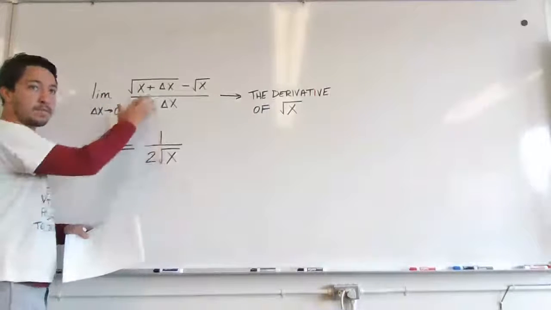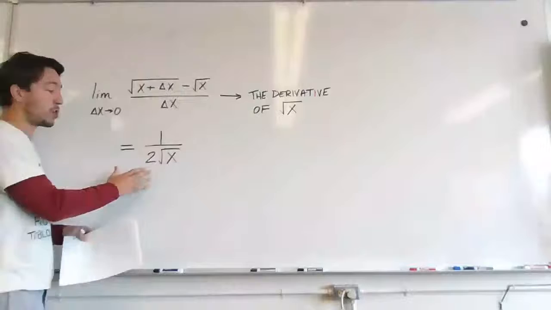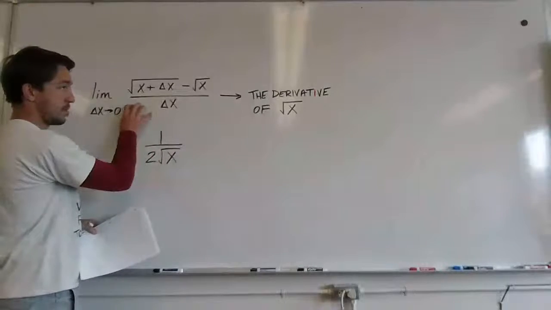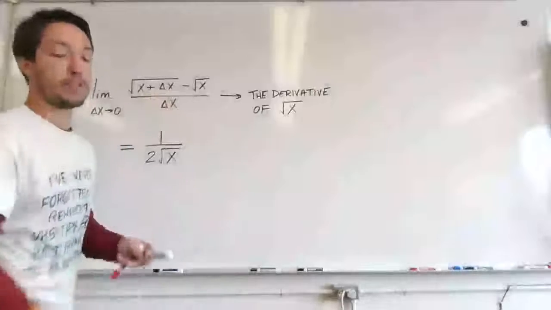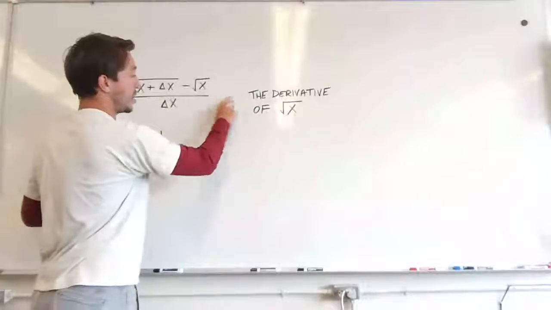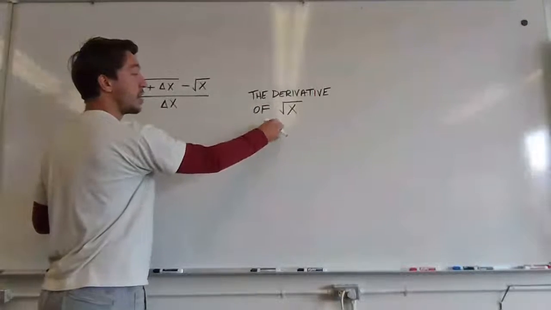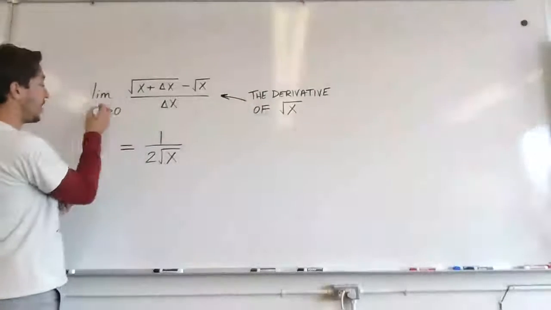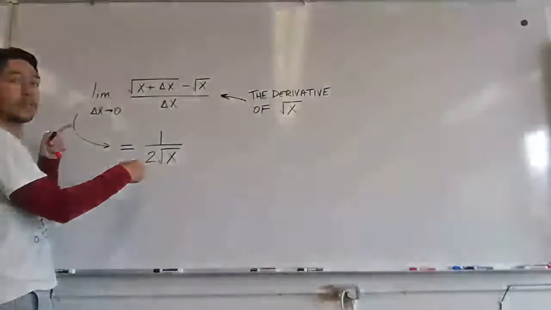Does that make sense? So if we drew a flow chart for what we did on number 19, we asked this question to start, we wrote this limit, because that's the definition of the derivative, and then we ended up with this answer.